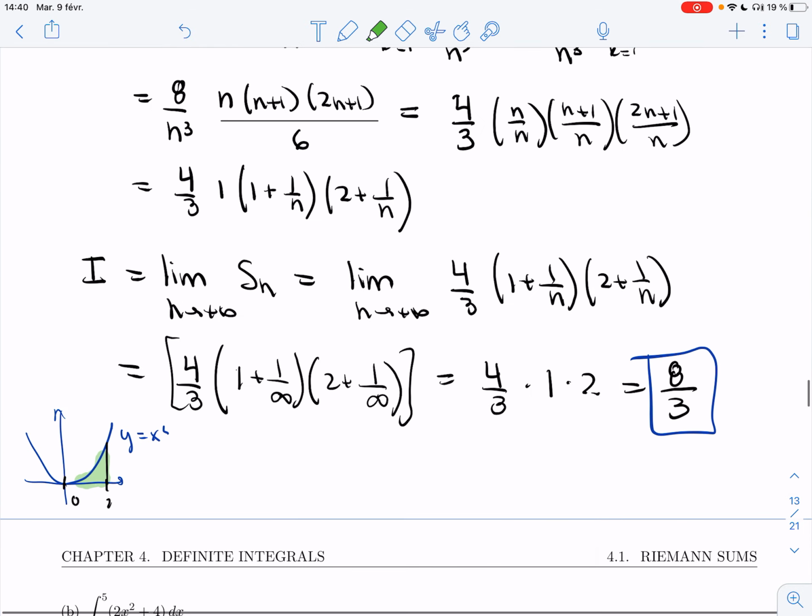This is an area that we were not able to compute before. It's not a square, it's not a triangle, it's not a rectangle, it's a new area. It has a curve for one side. In fact, this function and this area is what Aristotle started thinking about when he thought of using these rectangles and approximating in this way. And that was kind of the precursor to the integral that we're using today.